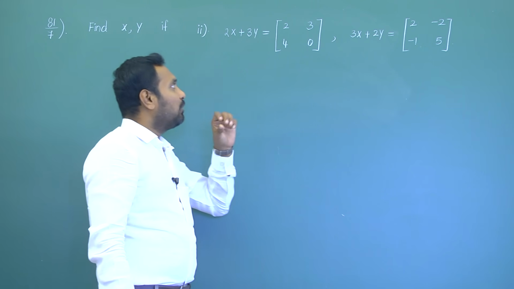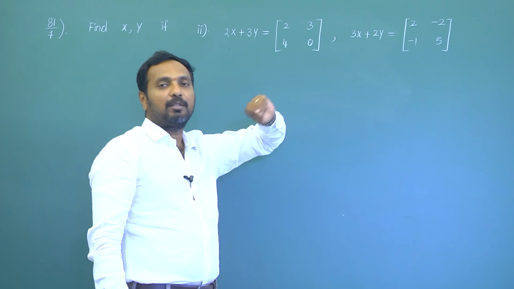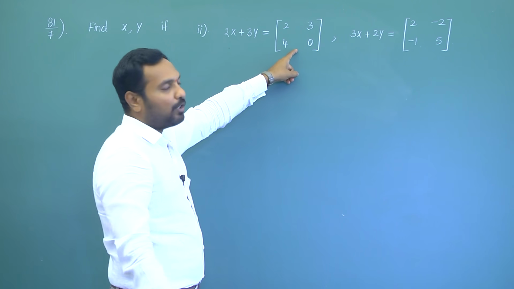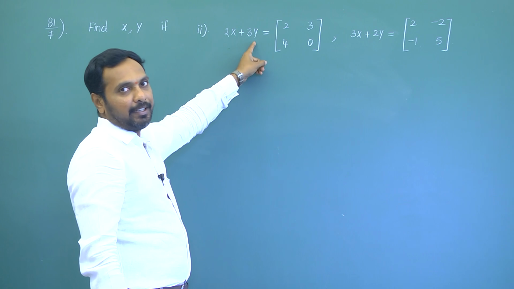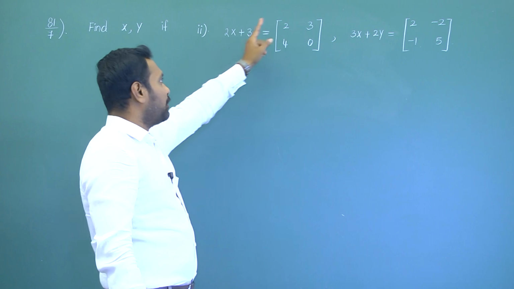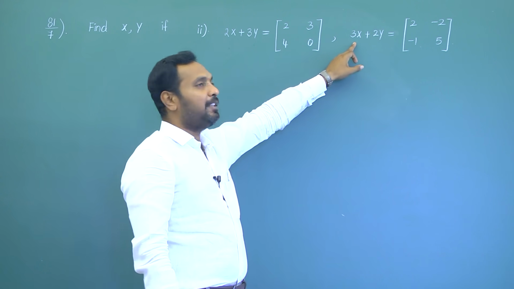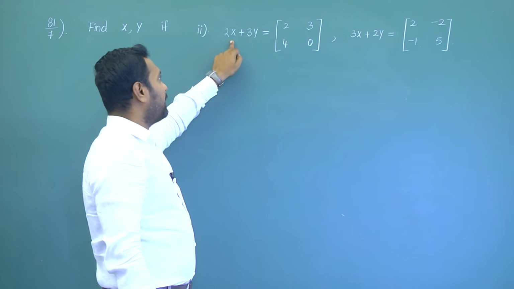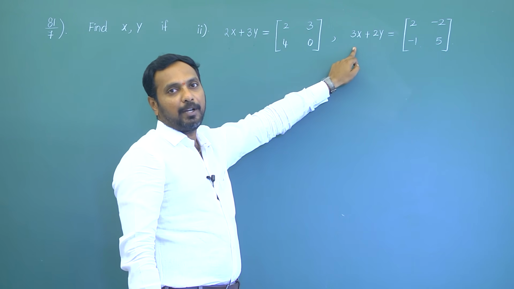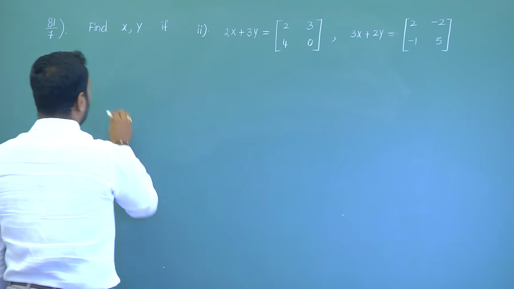In the same way, the matrix coefficient in these two equations must be made the same. To calculate capital Y, I have to eliminate capital X. To eliminate capital X, I need to make the capital X coefficients in these two equations the same. So what is the LCM of 2 and 3, it is 6. To get 6, equation 1 must be multiplied with 3. To get 6, equation 2 must be multiplied with 2.